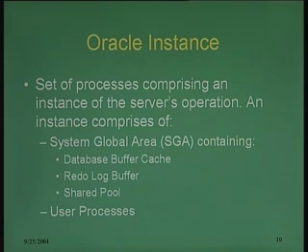Now an instance itself can be logically seen as comprising several different parts. So an instance is logically divided into what is called the system global area. What is the system global area?